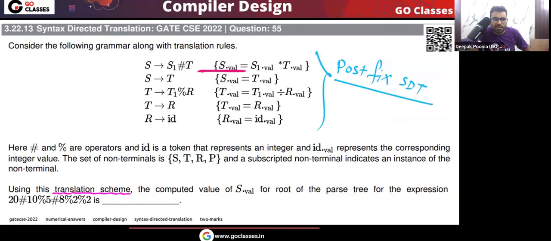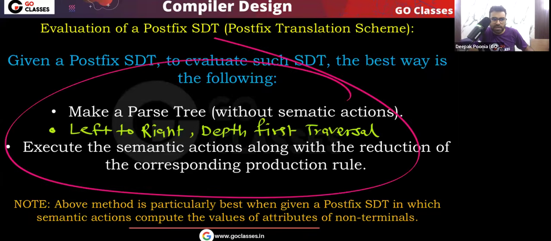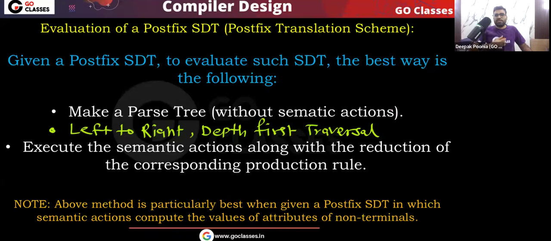For example, this VAL is the attribute of non-terminal S. This is the attribute of non-terminal T. This is the attribute of non-terminal R. So here, in these semantic actions, you are computing the attribute values of the non-terminals. So in this particular situation also, this method becomes better, or I can say the best. So this is the best method to apply when you need to evaluate postfix SDT.